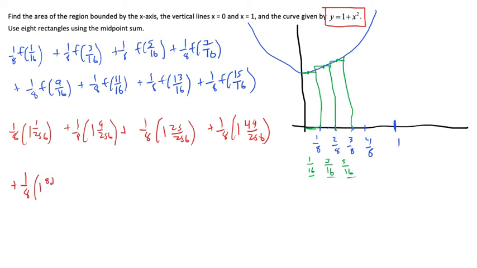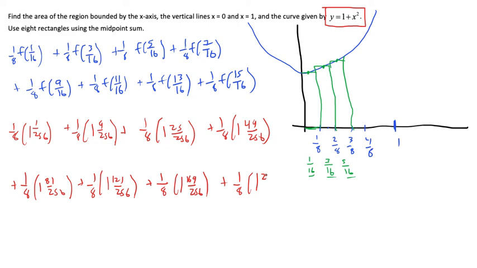Plus 1/8 times 1 and 81 over 256, plus 1/8 times 1 and 121 over 256, plus 1/8 times 1 and 169 over 256. And then finally, the last rectangle, 1/8 times 1 and 225 over 256.